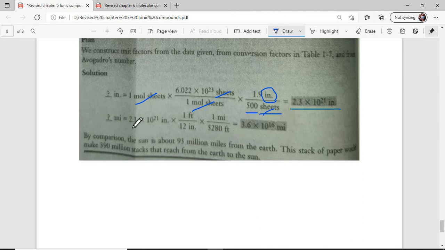Therefore, 2.3 times 10 raised to 21 inches times 1 times 1. The value stays the same, but at the bottom you have 12 times 5,280. Simply divide the value above. The values will give you the answer of 3.6 times 10 raised to 16 miles.